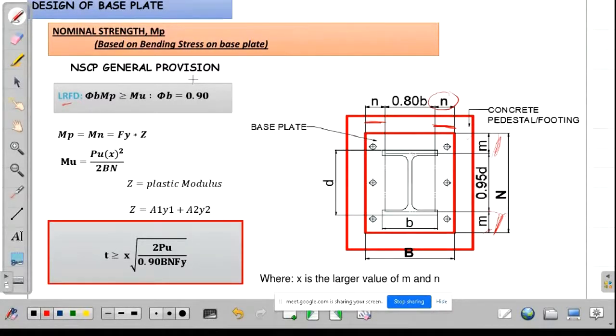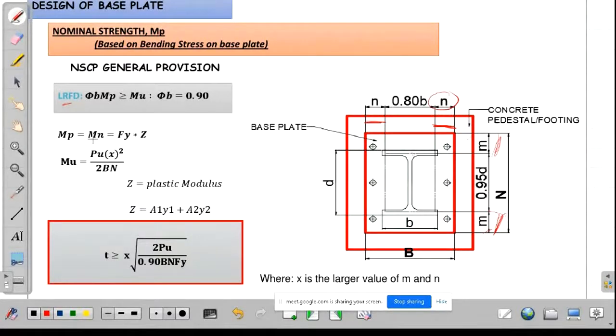Pag wala akong nabanggit na design or the allowable, yung binanggit ko lang is just have to find the nominal strength, mga ganon. Always use LRFD. Okay? So sa economical procedure tayo. So always use LRFD. Kaintindihan tayo dun, ha? Okay.